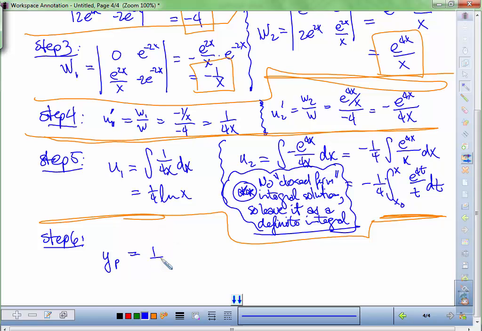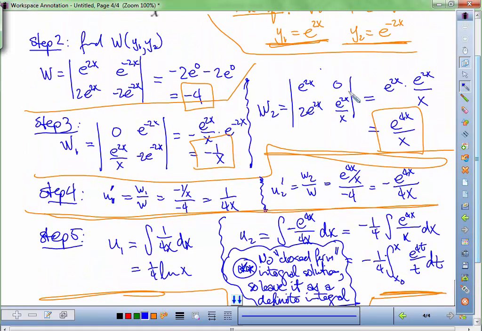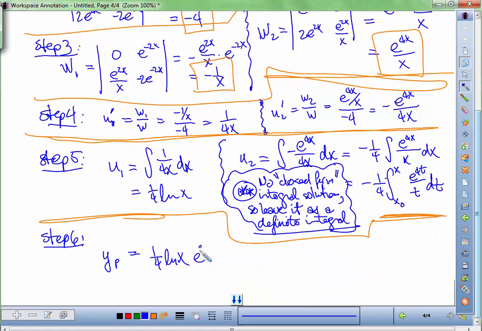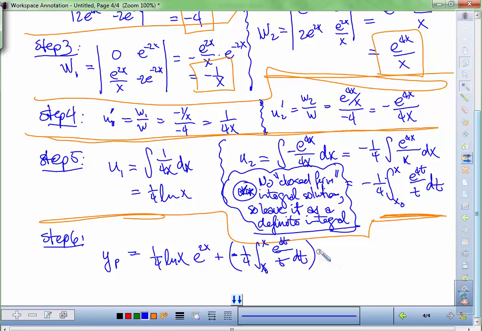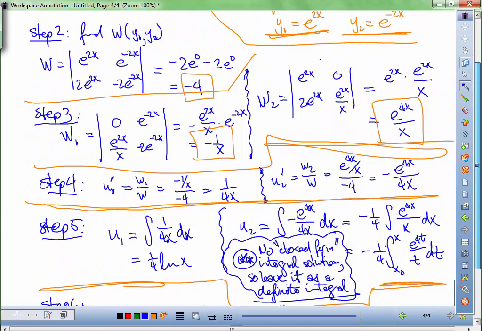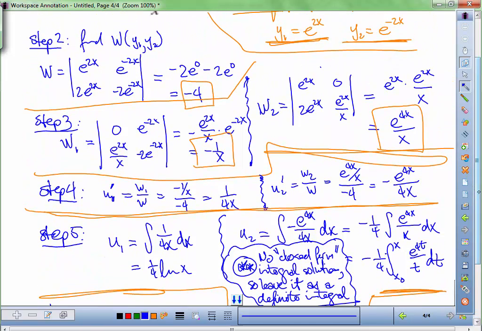So we have 1/4 ln x, and the y1 that we got was e to the 2x, plus u2, which is negative 1/4 integral from x naught to x of e to the 4t over t dt, and then multiply that with y2, which is e to the negative 2x.